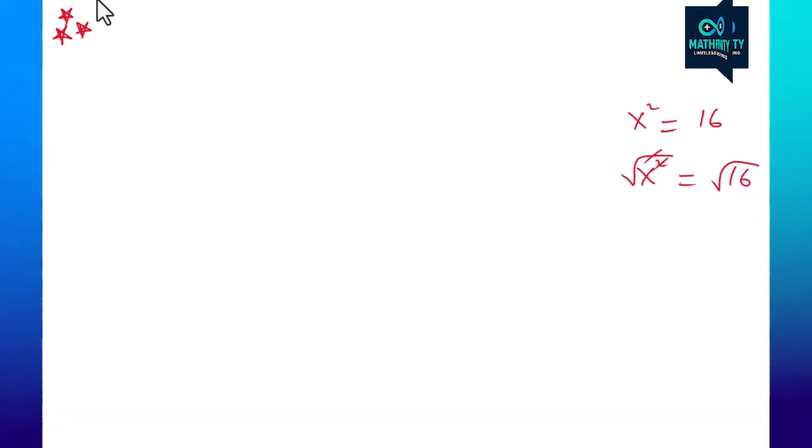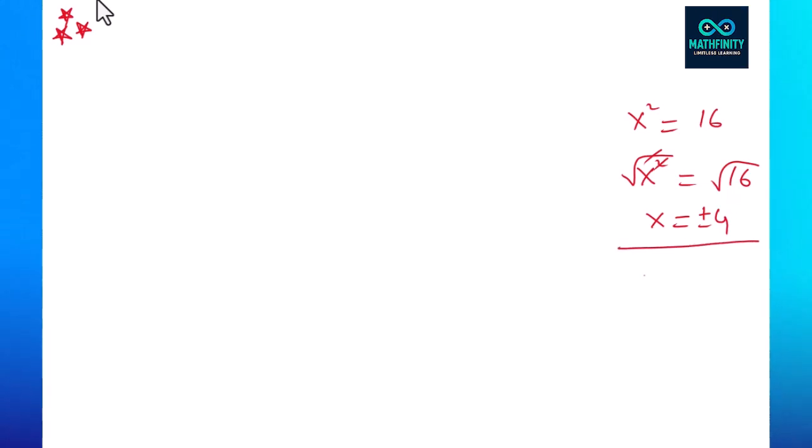To remove the square, if we have a square on both sides, we take the square root. Okay, let me write here for you. Suppose you have 16 here; we take the square root on both sides. The roots cancel out and we write plus minus 4.